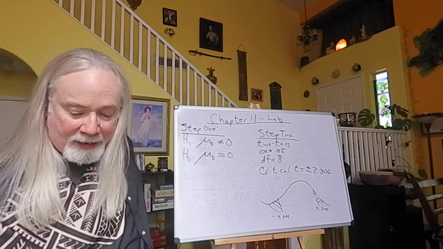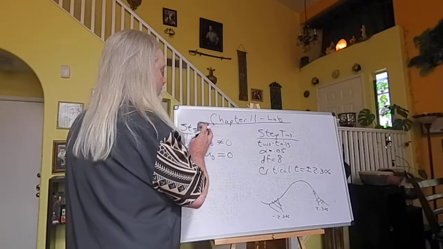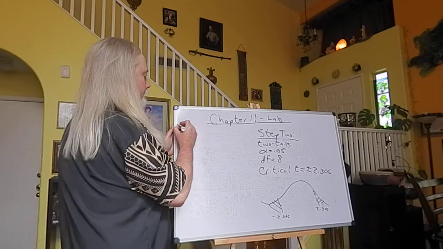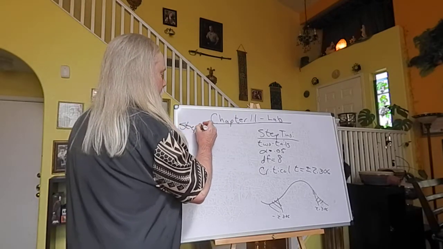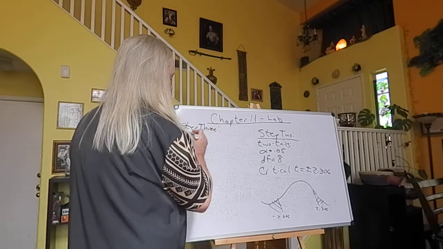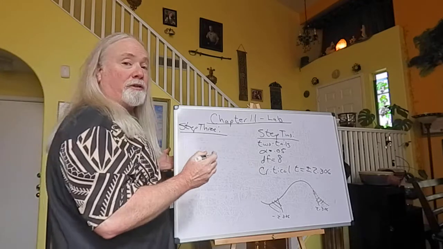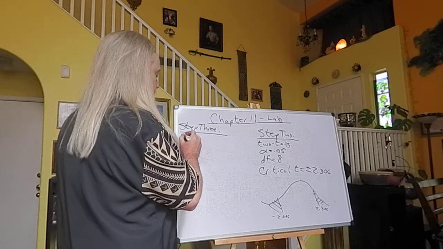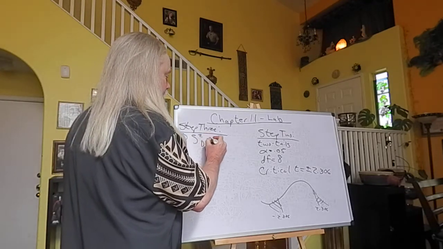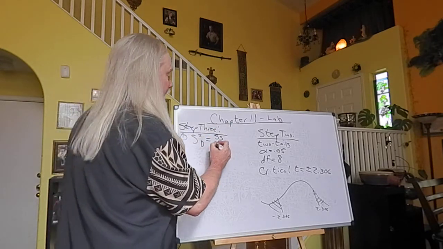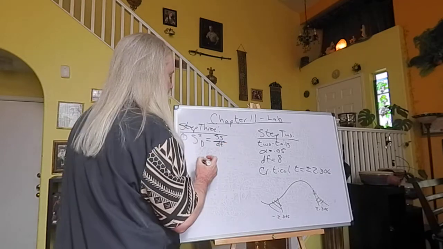Step 3, doing our math. The first thing we need to do is get our variance for the difference scores. That's your sums of squares for your difference scores, divided by your degrees of freedom, as always, for variance.